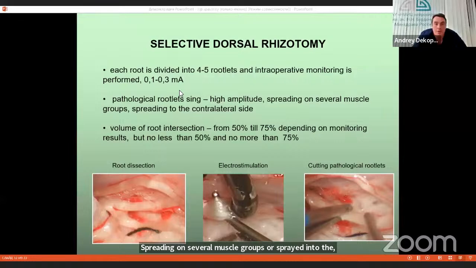The volume of root resection was from 50% till 75%, depending on results of intraoperational EMG. But for each root, no less than 50% and no more than 75% of volume.